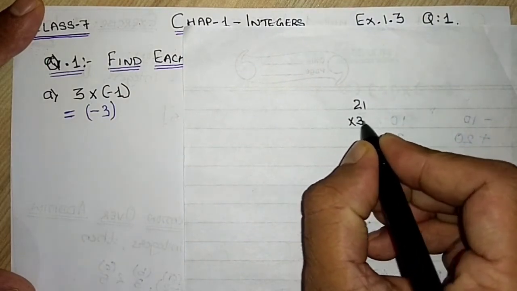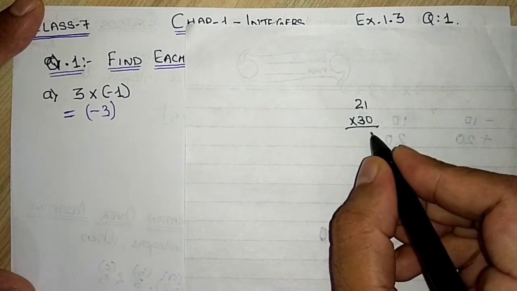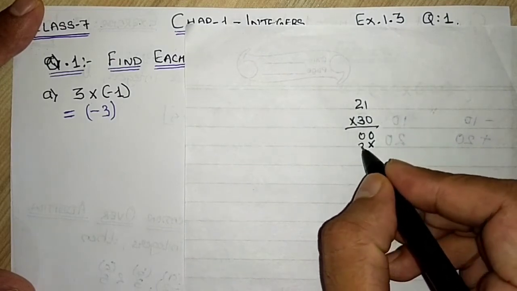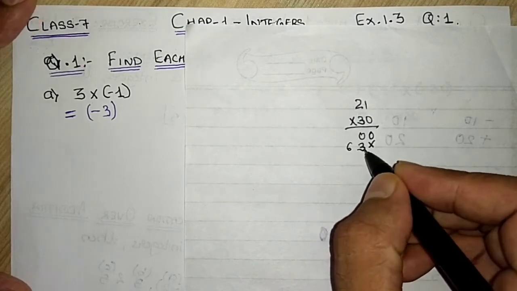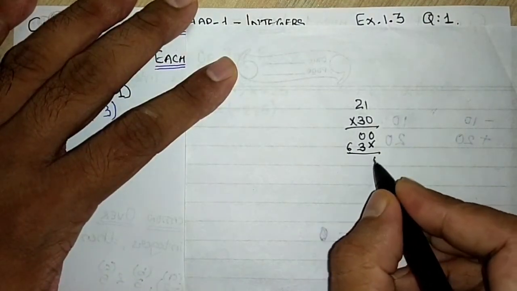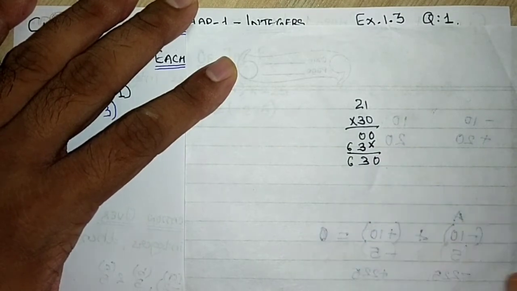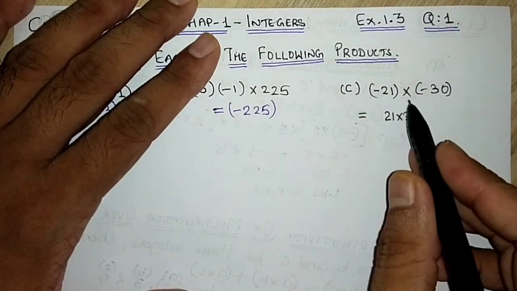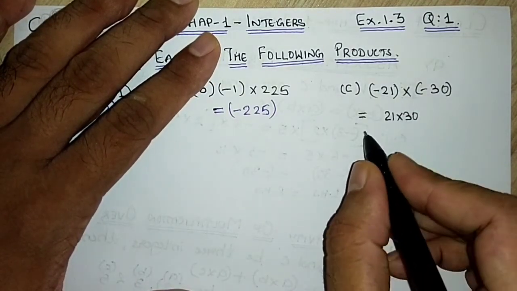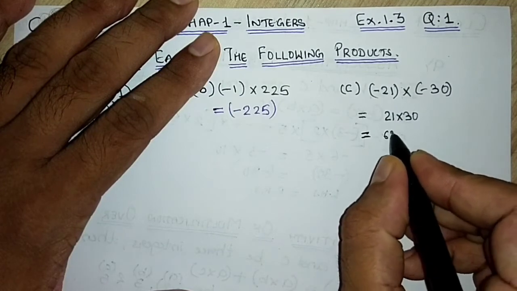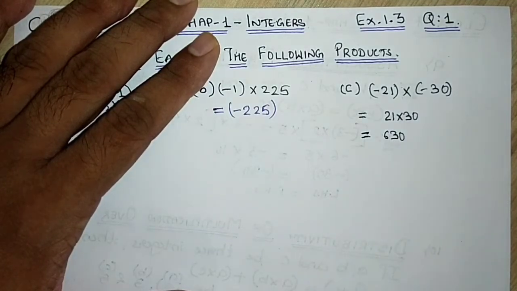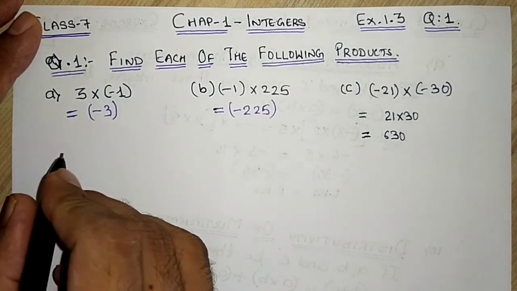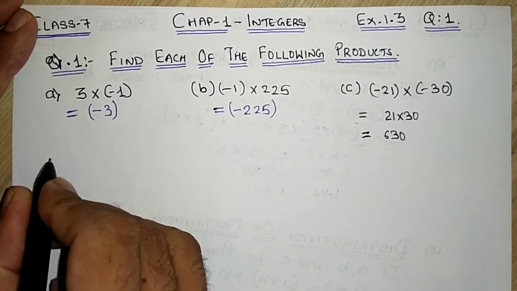First you are multiplying 0 to 21, so the answer is 0. 3 ones are 3 and 3 twos are 6. So your answer is 630. Since they are two negative numbers, 2 means even. For even, it becomes a positive number. So your answer is 630.